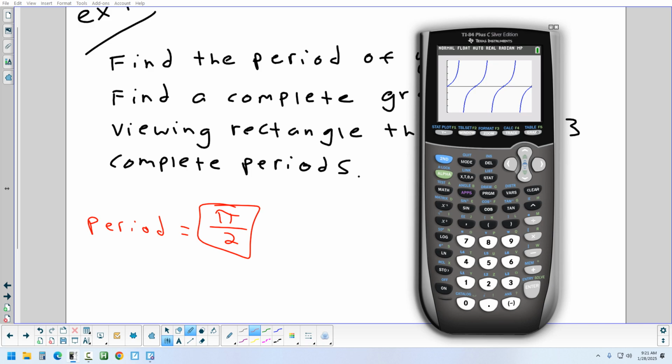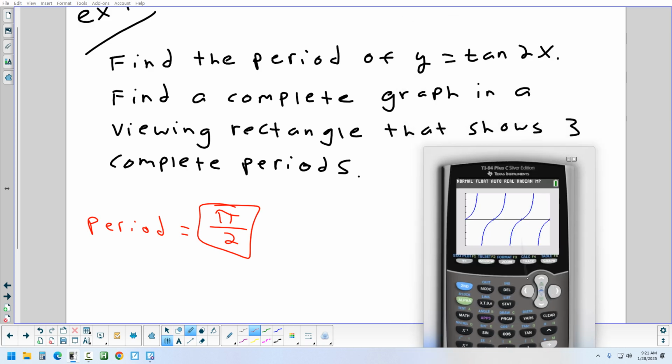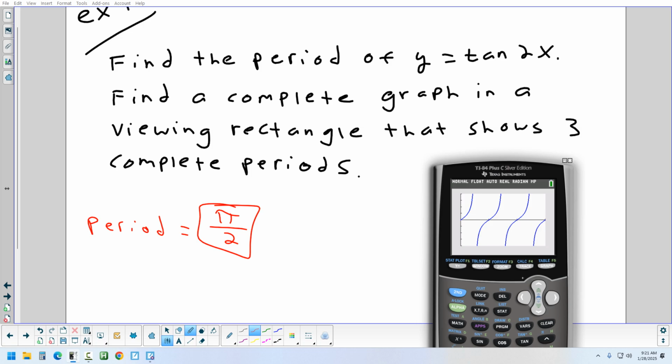If you wanted to show those connected without showing 4 separate pieces, you could adjust your window by the right amount to make it start at a nice spot. I'm not worried about adjusting that. Any question how I got the 3 cycles there?